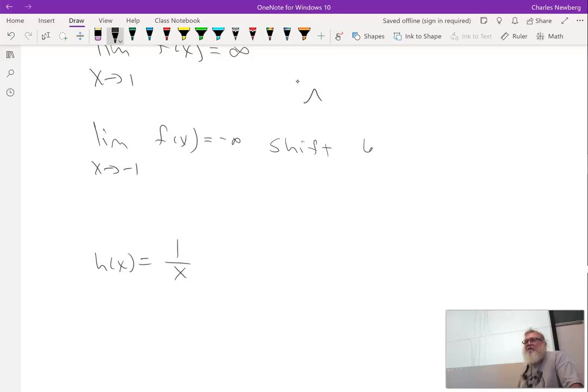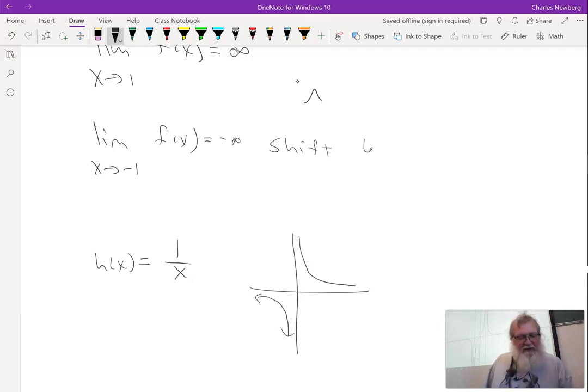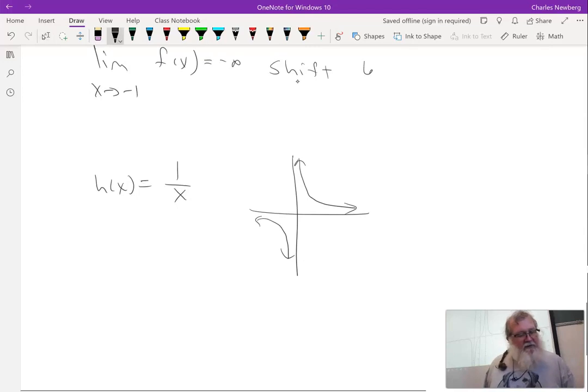Remember from algebra a couple of semesters ago? This is one of our toolbox functions. 1 over x looks like that right there. We call that the reciprocal function. There are some functions we just like to know their graphs of. This is one of them. All right. So find me the limit as x goes to 0 of h of x.